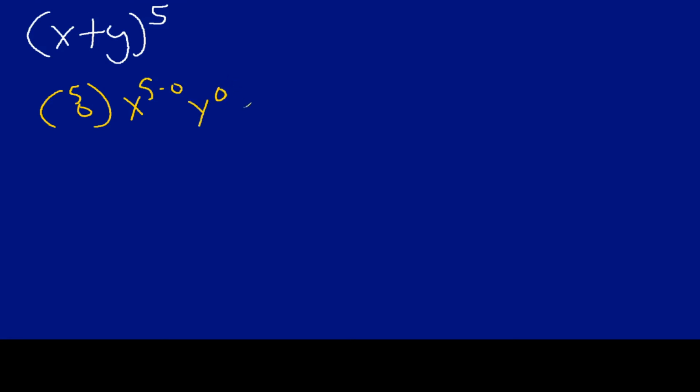Then it's going to be plus 5 choose 1, and it's going to be x to the 5 minus 1, and we're going to have y to the 1. I hope this is starting to make sense.